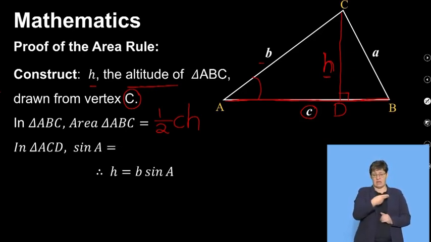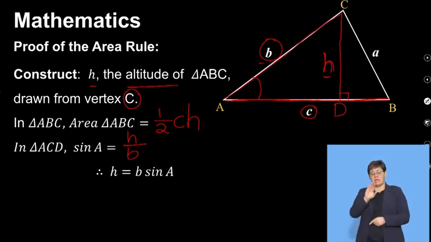Sine of A is opposite, and the opposite side to angle A was H. And the hypotenuse in this case was the hypotenuse for this triangle, so it was b. Rearranging this, we multiply both sides by b, so we end up with H is equal to b times sine of alpha. This is standard grade 10 trigonometry.